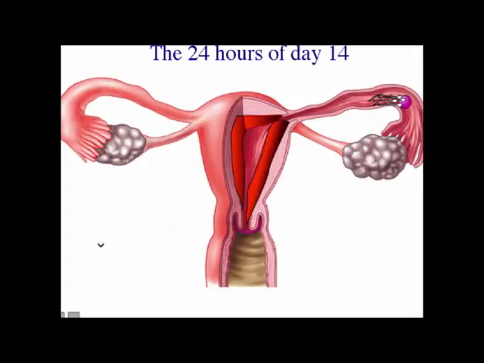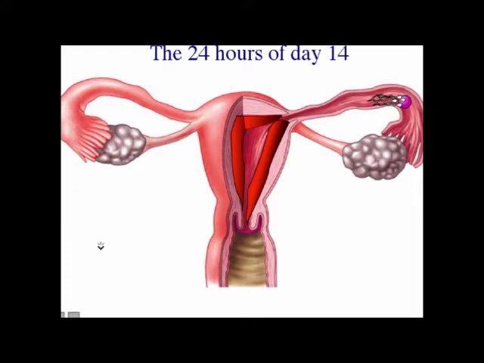All right, now here's sort of how the timing of all this works. So we know that she ovulates on day 14. The egg only stays alive for 24 hours. From the moment of ovulation, it only has a 24-hour lifespan to be fertilized. And if it's not fertilized in that time, then the egg dies and obviously can't be fertilized then.